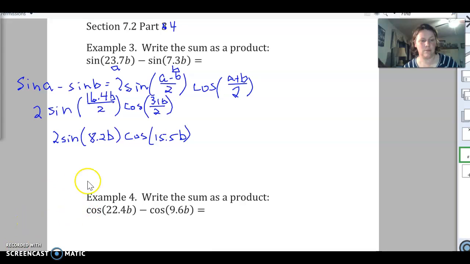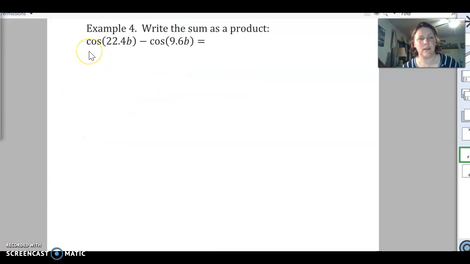I'm going to move my board around here a little bit. Okay, and we are back again. So now we are going to be using the identity with the cosine A minus cosine B, which is at the very bottom of your sheet.